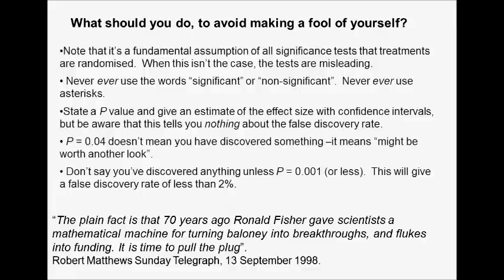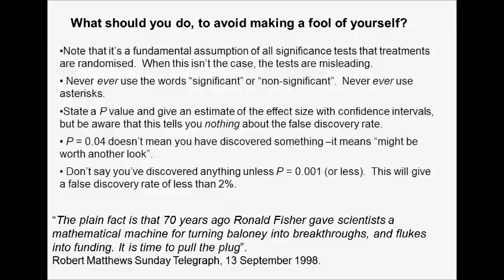He didn't, in fact, mandate a p equals 0.05 cutoff level. That's a later invention that's been tagged on. But the whole business of null hypothesis testing, which was his approach, has turned out to be unsatisfactory. It gives you at least a false discovery rate of 26-30% if you use p equals 0.05 as a cutoff.